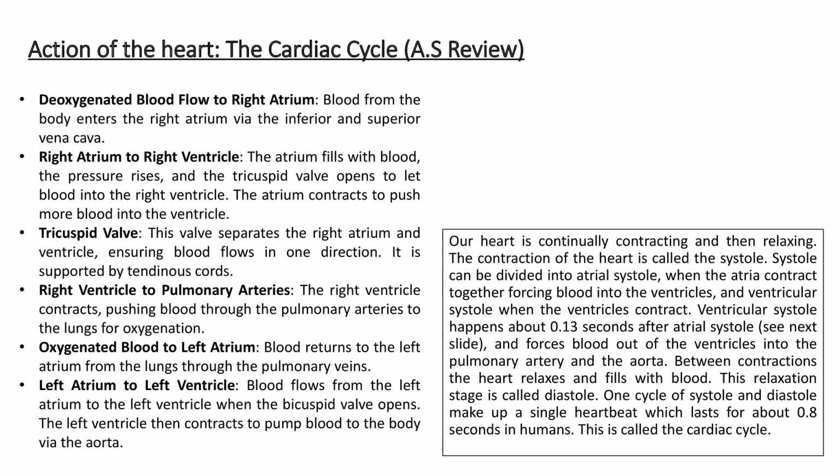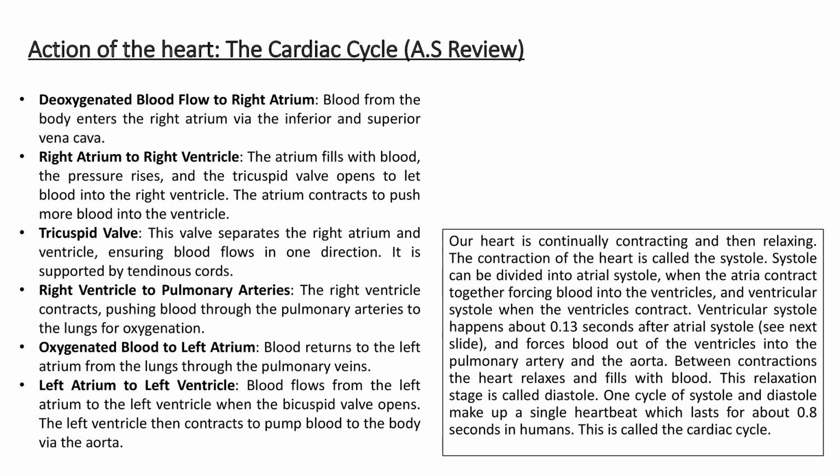The right atrium fills with this blood, and as it's filling, the pressure inside the atrium rises to a higher level, and then this pressure triggers the tricuspid valve that is located between the right atrium and the right ventricle to open, letting the blood into the right ventricle.